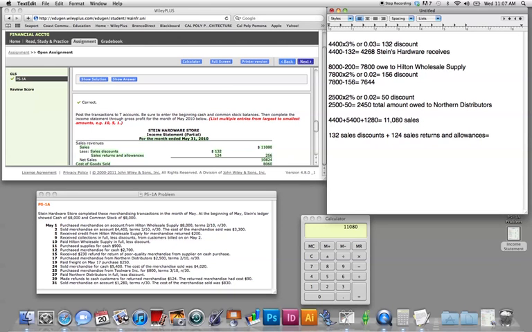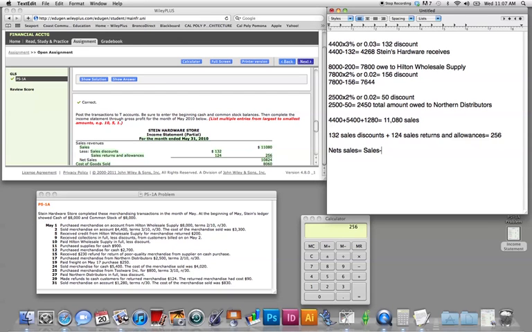So that total is 132 plus 124, and that equals 256.